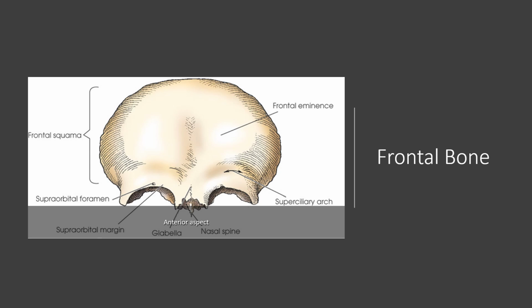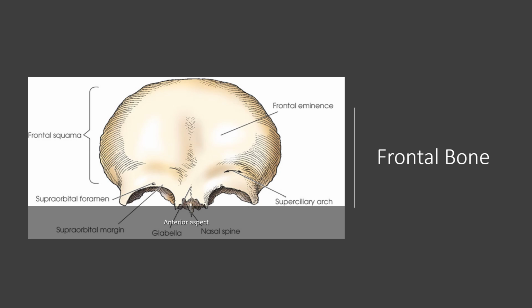The proud spot is superior. Like in between your eyebrows, there's high ground. That's the glabella. And then right below that, there's a divot, which is right on the bony nasal suture between the frontal bones and your nose. It's like there's a divot right at the top of your nose. That divot's called the nasion.